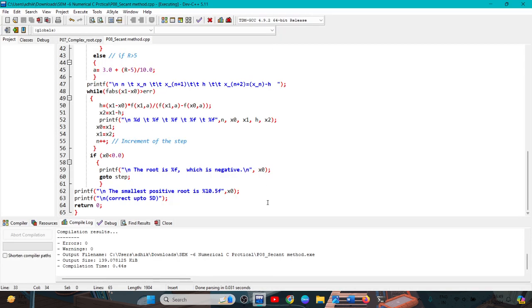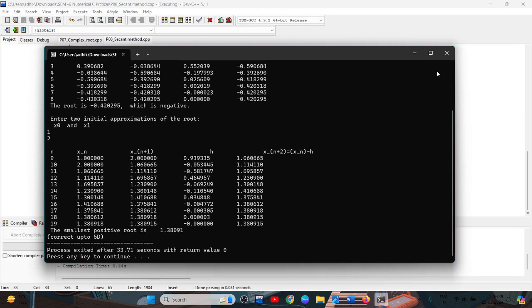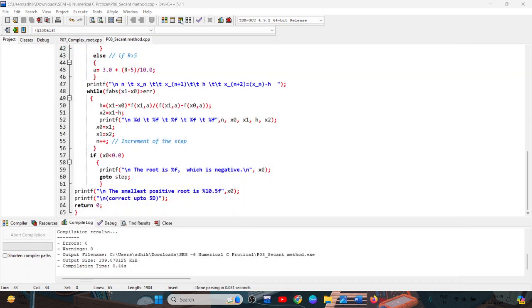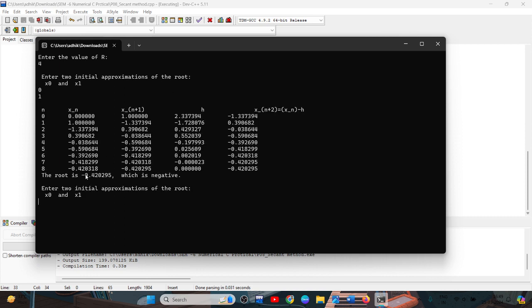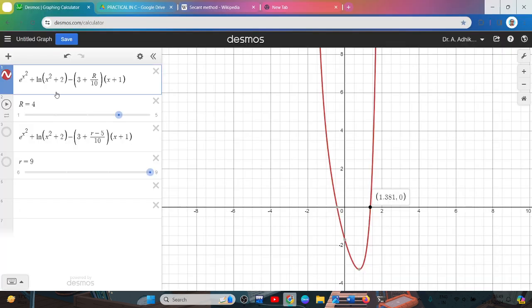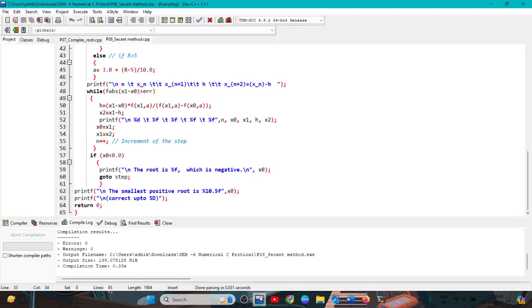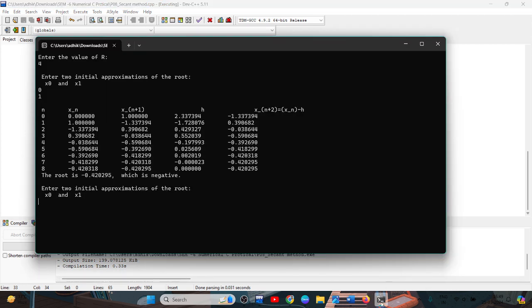Again you can compile and run this program. Enter r equal to 4, then enter x0 as 0 and x1 as 1, and minus 0.42 is the negative root of this function.